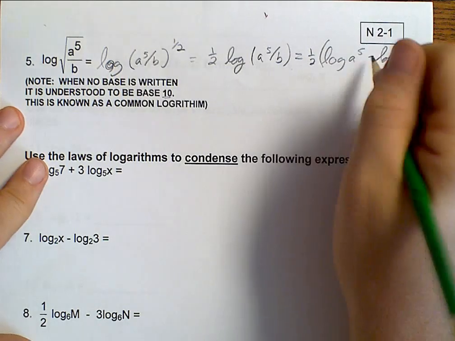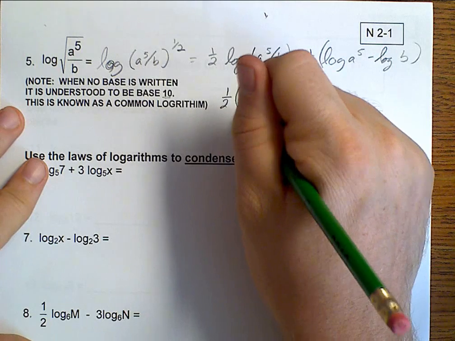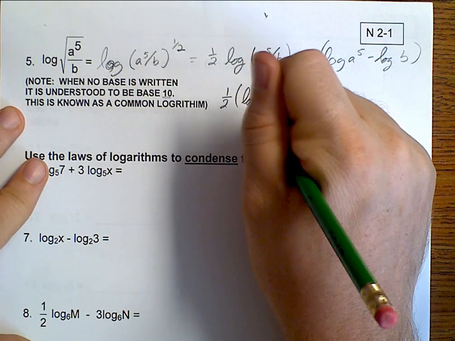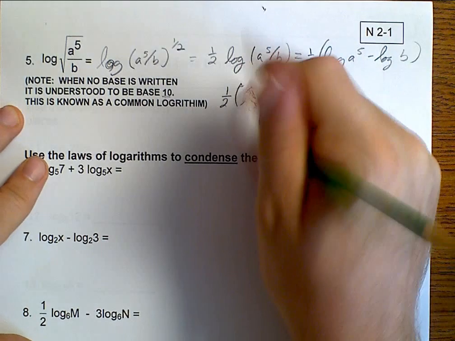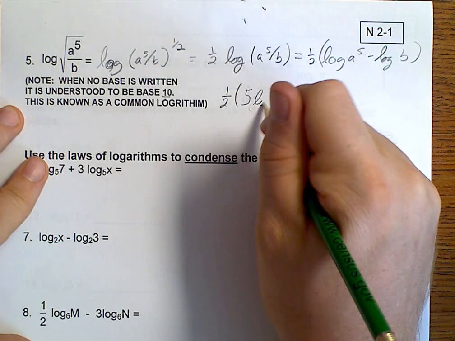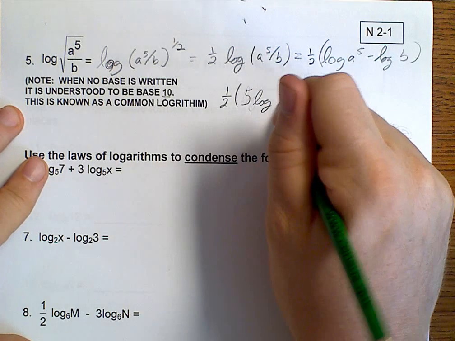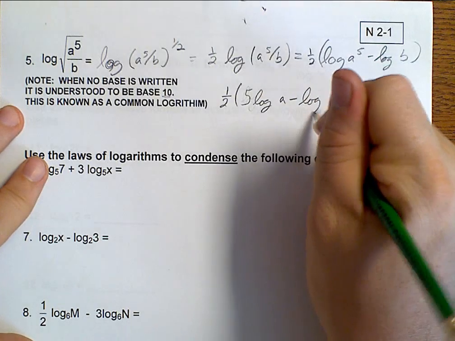Move that exponent. Sorry, I forgot to move the exponent. So it's 1/2 of 5 log a minus log b.